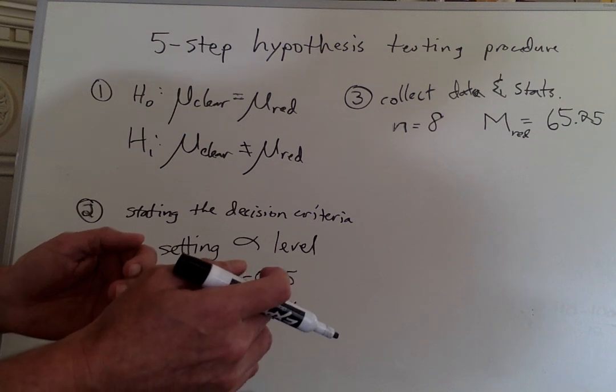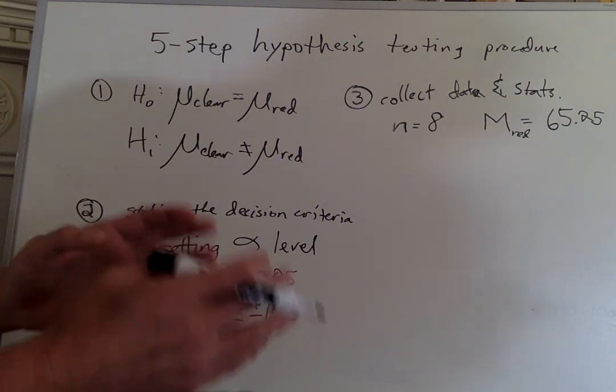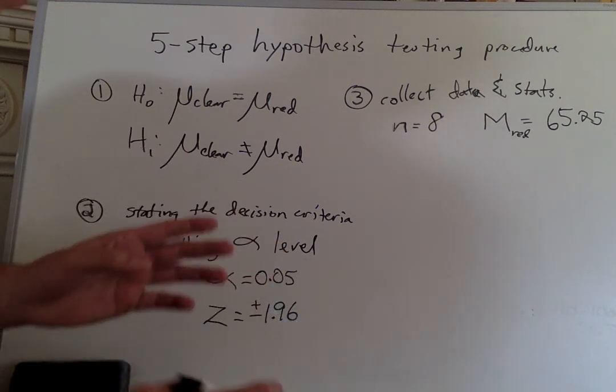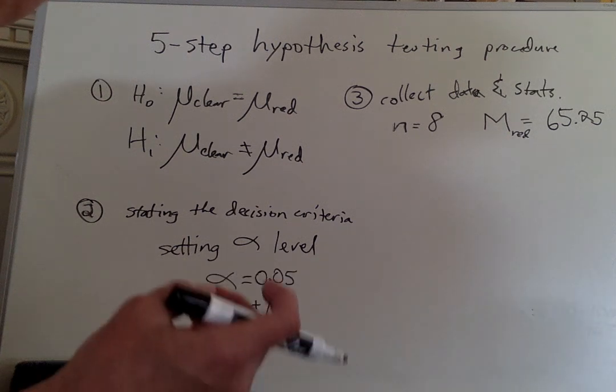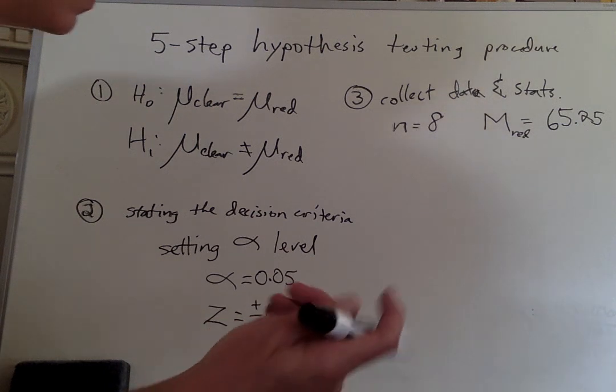So what we need to do is compare that sweetness rating to what we see normally with the clear. Let's suppose that we know those population parameters. So this is going to be a given for this example.